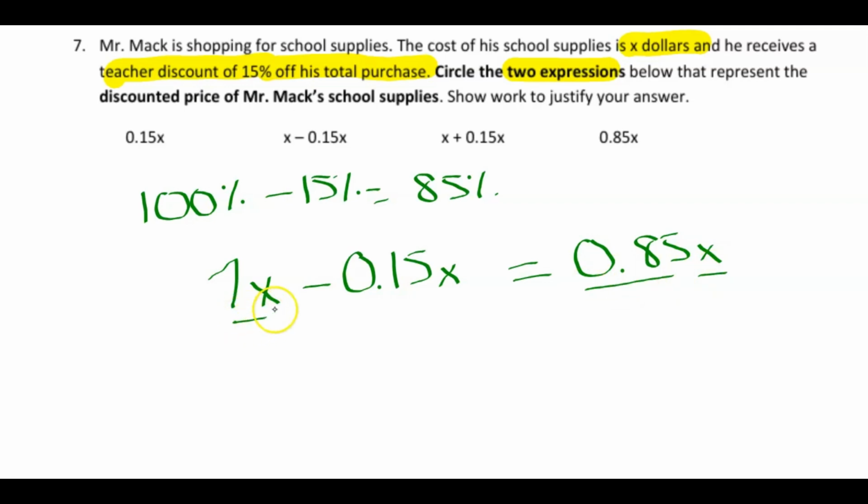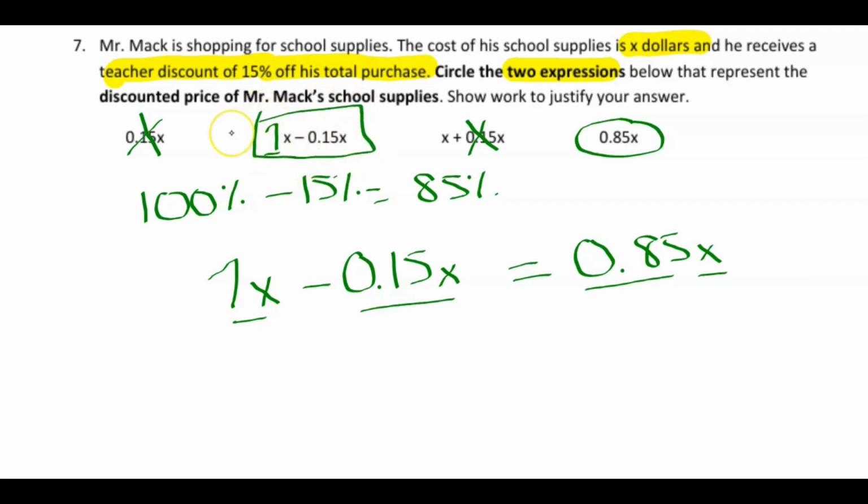So the whole purchase minus 15% of his purchase means he's paying 85% of his purchase. Now let's take a look at the answers that we have here. This one right here matches with this expression. There is none with addition, and there is none with just 0.15. So that 1x is invisibly hidden right here, minus 0.15x is what provides us with our answer. And this means that the expressions x minus 0.15x and 0.85x both represent the discounted price.